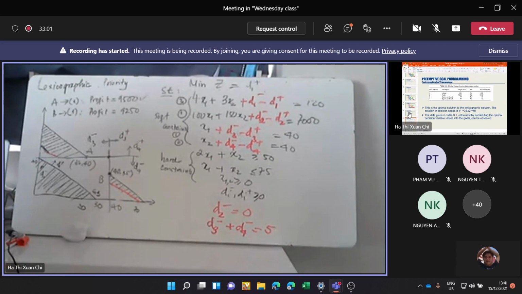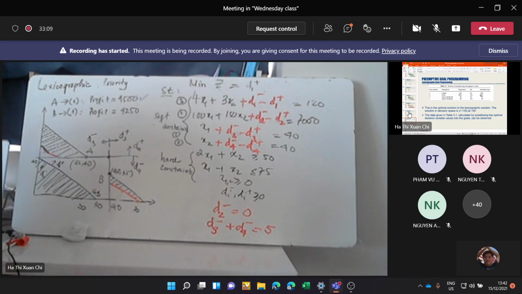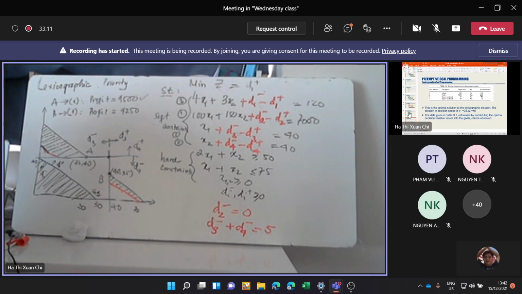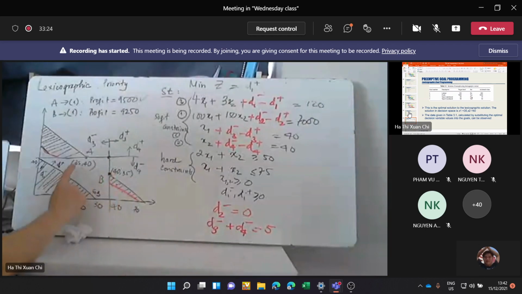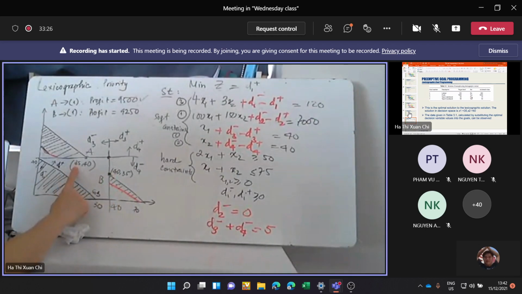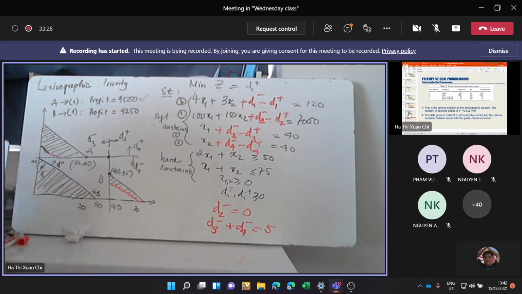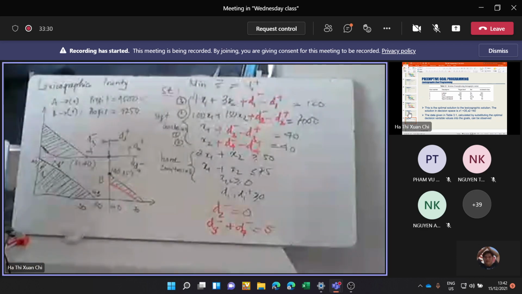We can achieve it, so satisfy is yes, and the achieved value is 9,500. For goal 2, product A, the target is 40, but you get 35, so it cannot be satisfied.